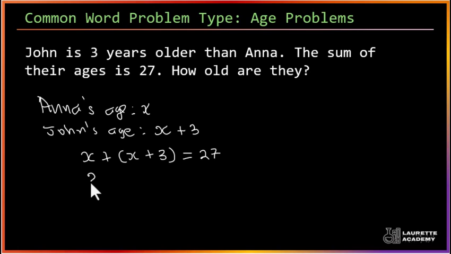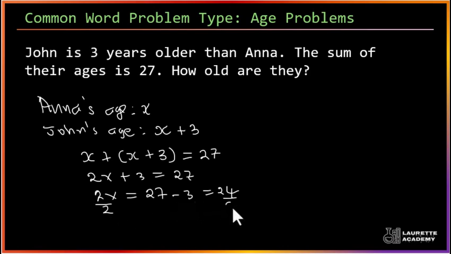So we have that 2x plus 3 is equal to 27. We subtract 3 from both sides of the equation. We have that 2x equals 27 minus 3 equals 24. We divide both sides by 2. This gives us x is equal to 12.